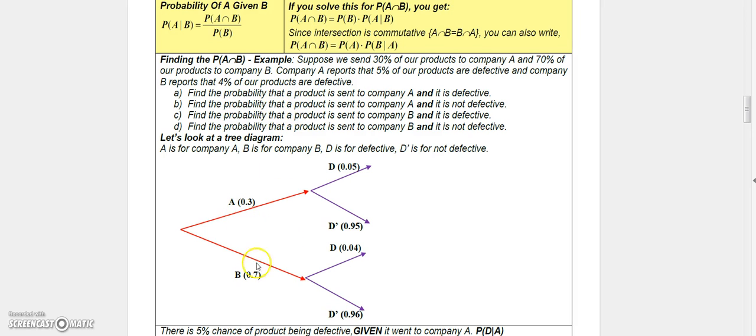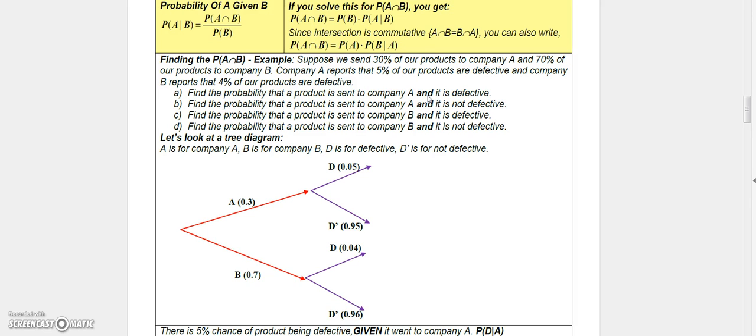Now, from this, I can answer some interesting questions. A says, find the probability that a product is sent to company A and it is defective. The word "and" tells me that I'm looking at an intersection.